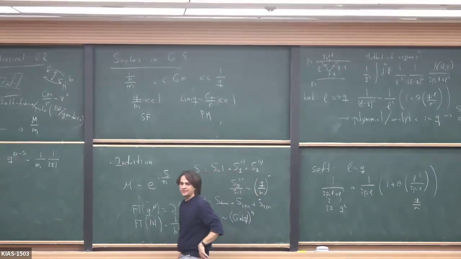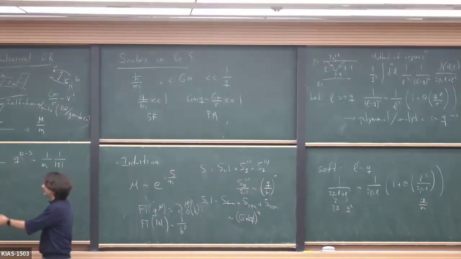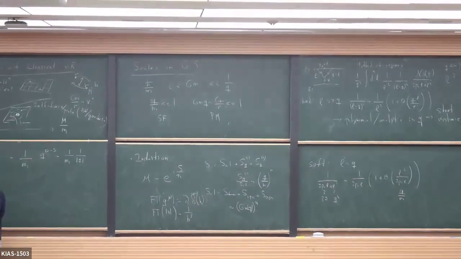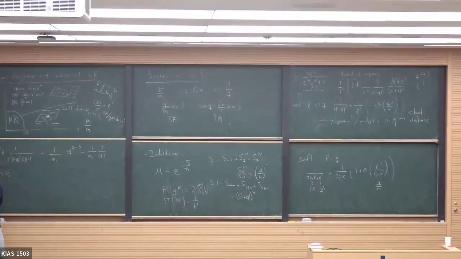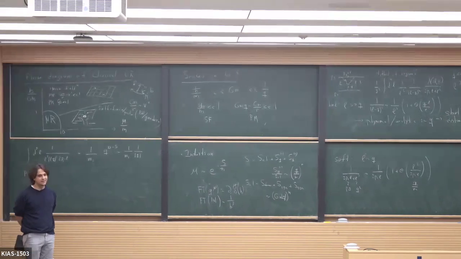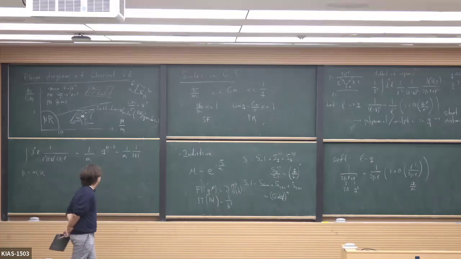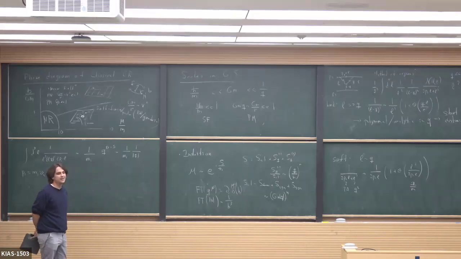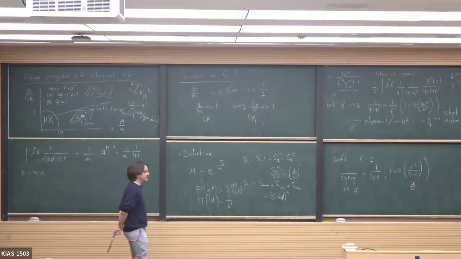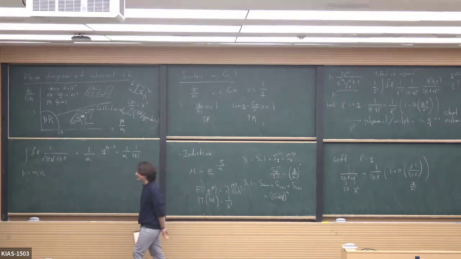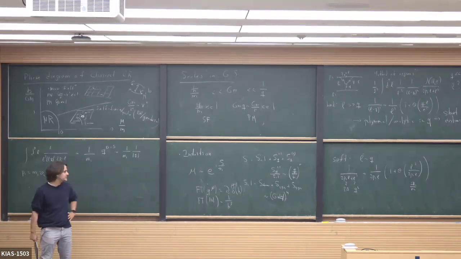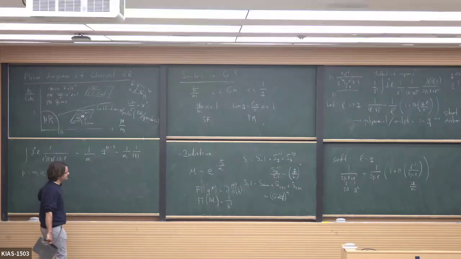I just expanded away the integrand willy-nilly, and then I did the integral, and I declared that this is the answer. Yes? I mean, you took the full integral, but you said that you restrict the domain, right? That's right. And you also neglected the numerator, but I think that's fine. Yeah, okay. So indeed, the numerator is fine, but the first thing that you mentioned is the subtlety, right?